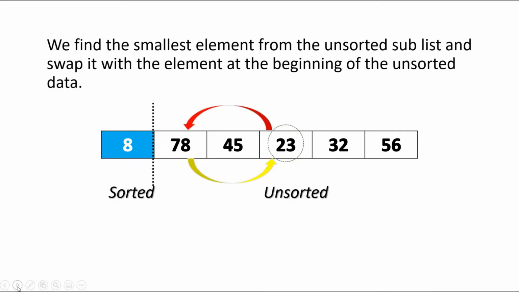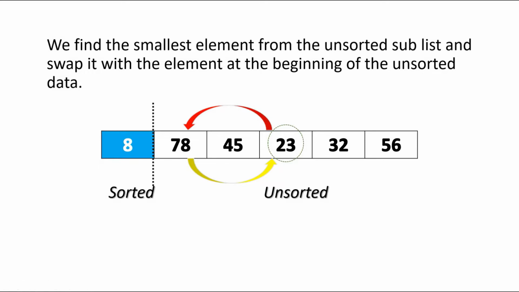The second step is we find the smallest element from the unsorted sublist and swap it with the element at the beginning of the unsorted data. That means we check this unsorted sublist for the smallest element. As we can see, 23 is the smallest element in the unsorted sublist.